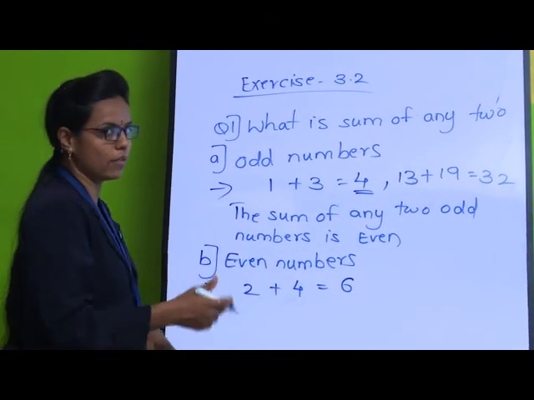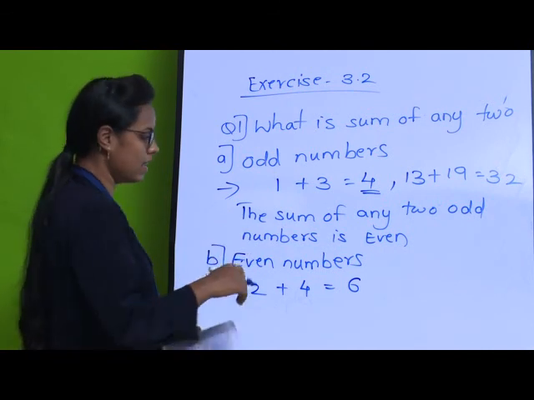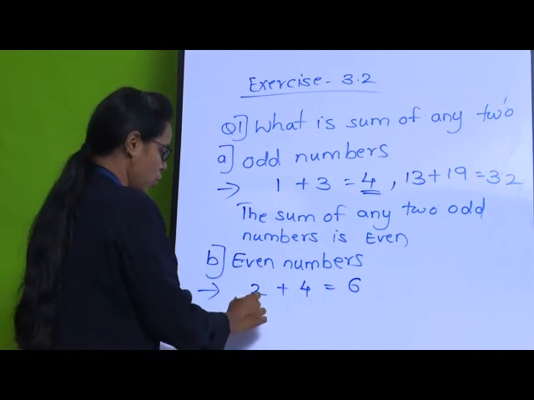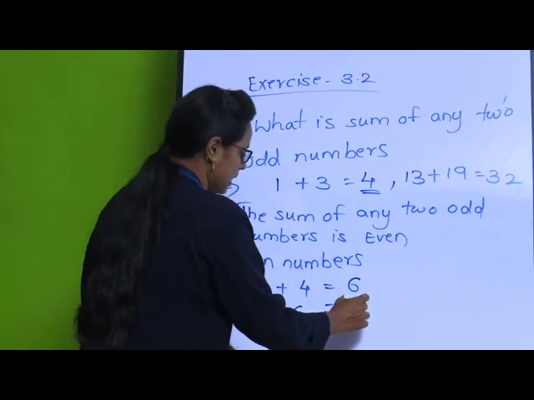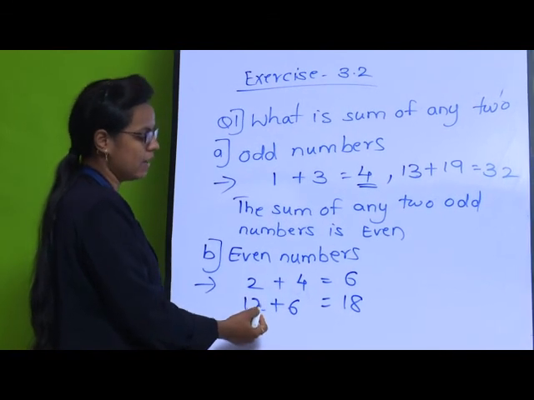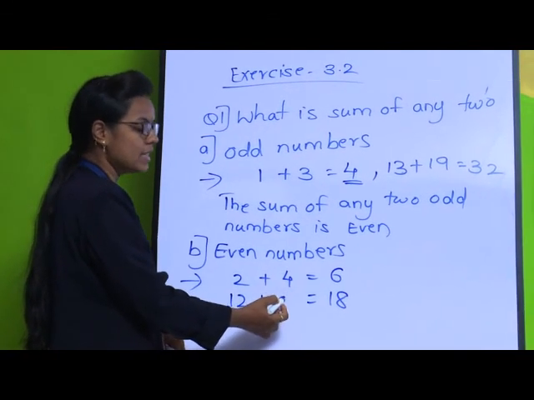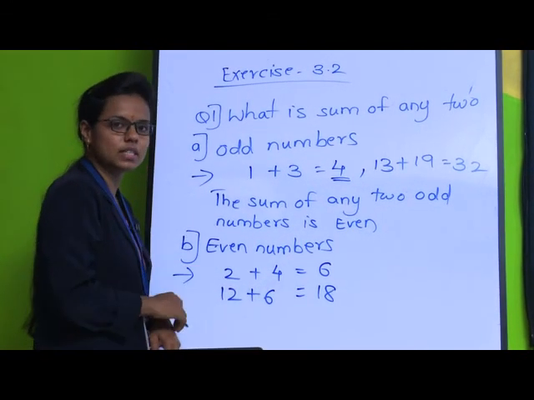Let us take one more example to see whether the sum of 2 even numbers is even. 12 plus 6 is 18. 12 is even, 6 is even, and 12 plus 6 is 18, which is even.